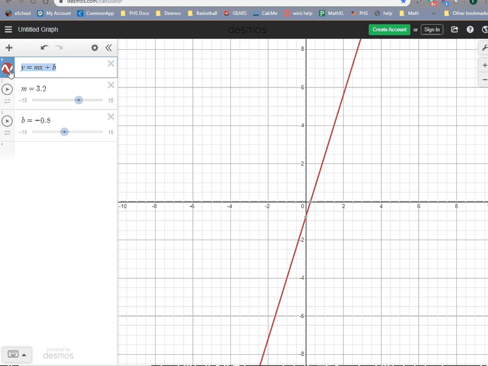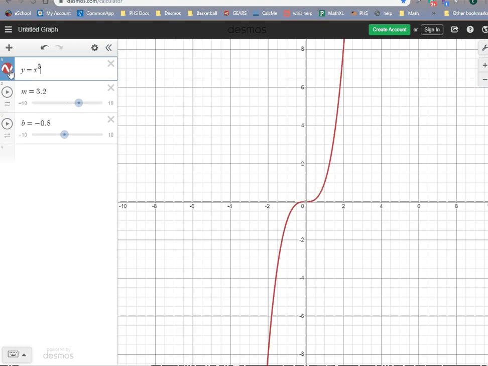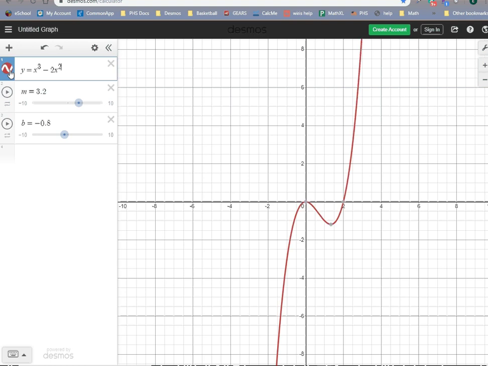So here's a cubic equation. If I did y equals x cubed minus 2x squared plus 1.